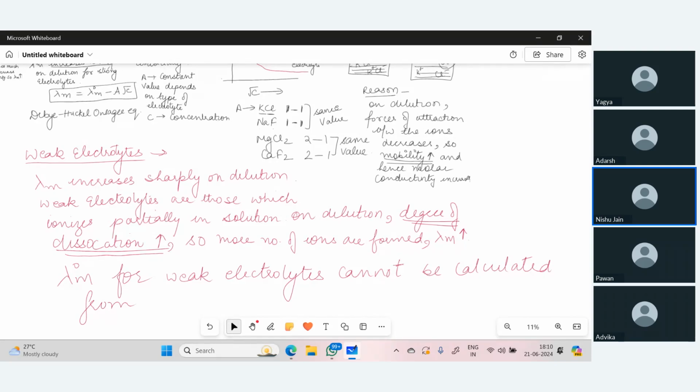The line becomes parallel to the y-axis. So to calculate lambda m naught, we use Kohlrausch's law.